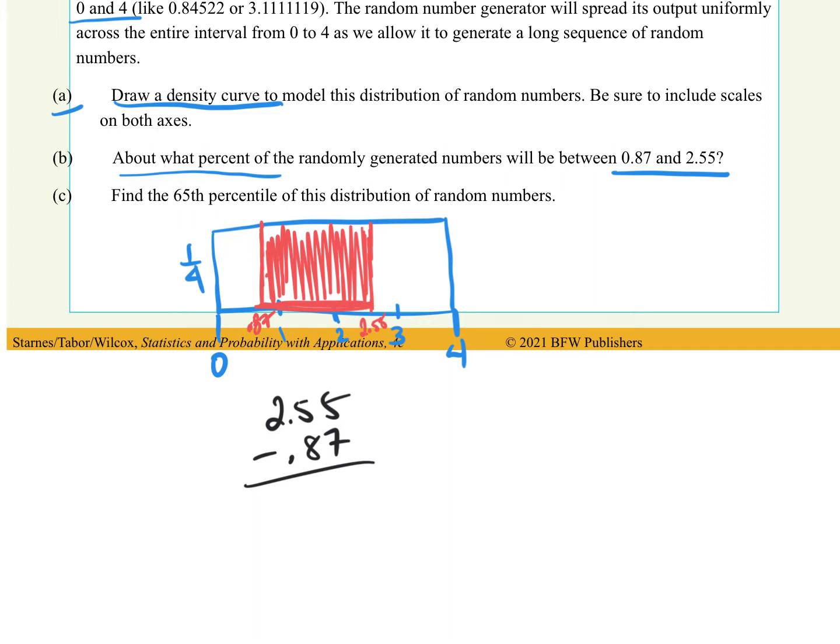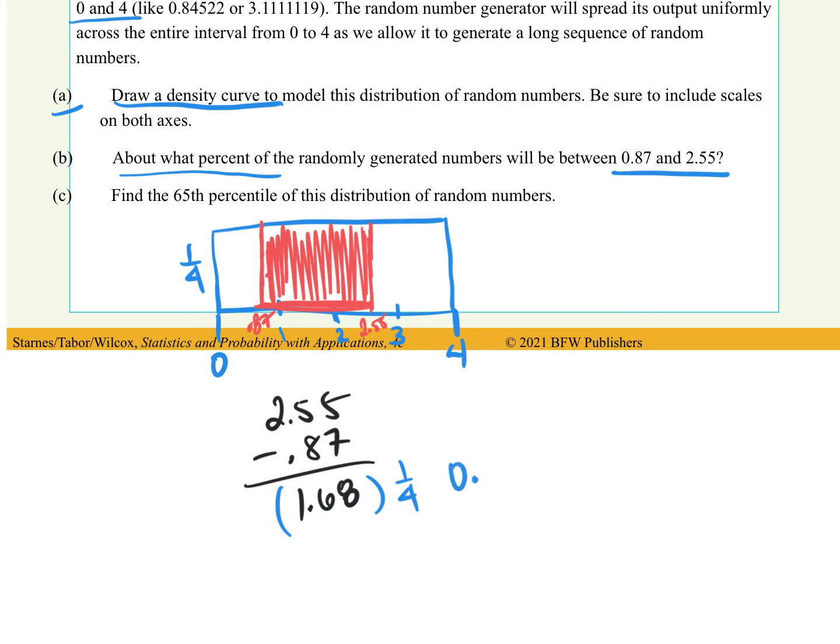Okay. With your calculator, we get 1.68. So if the base of my rectangle is 1.68 and my height is 1/4, what is my area? Multiply, right? Times that by 1/4.